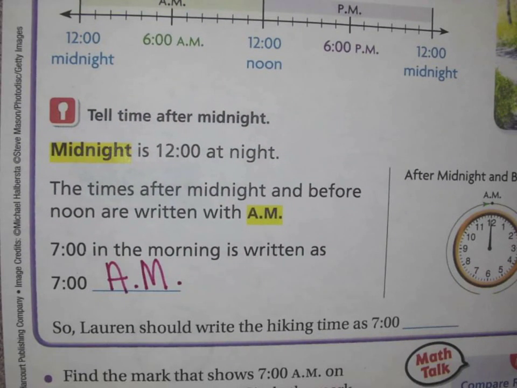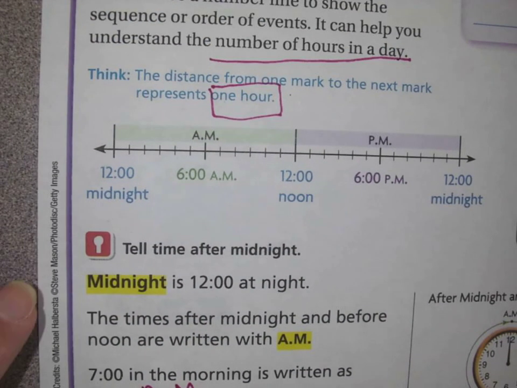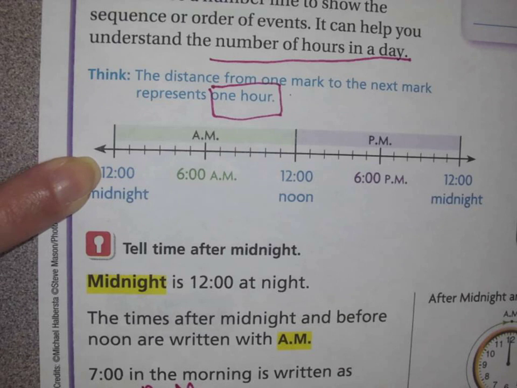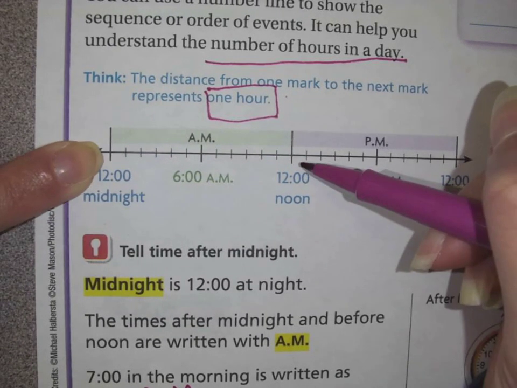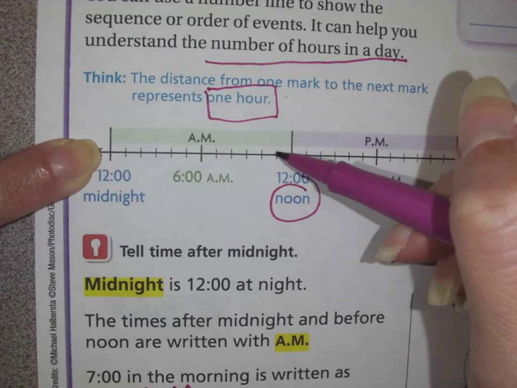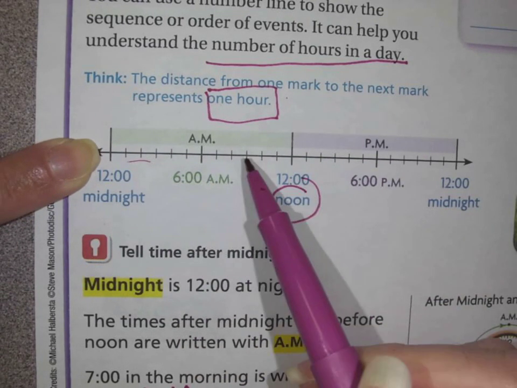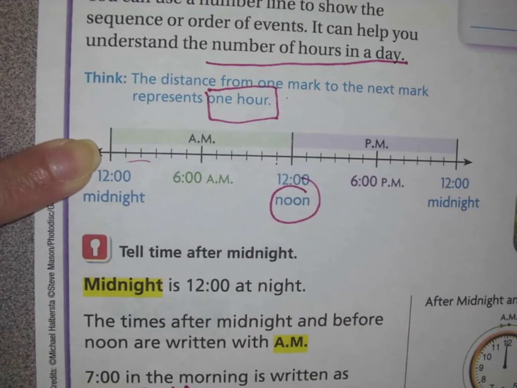So Lauren should write the hiking time as 7 a.m. Again, the times after midnight but before noon, we always write AM, okay?